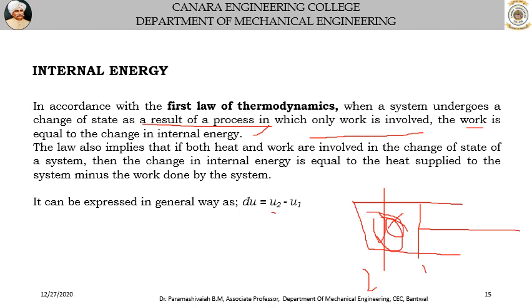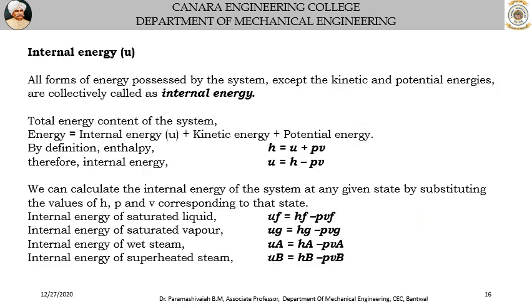The law also implies that if both heat and work are involved in the change of state of a system, then the change in internal energy is equal to the heat supplied to the system minus the work done by the system. So this is about internal energy.